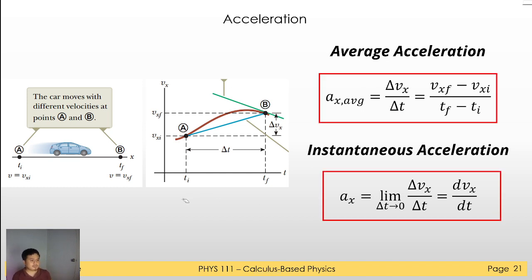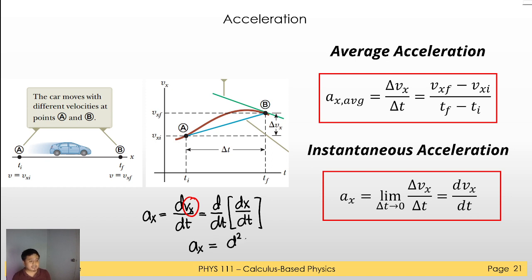Be mindful, to add to this, that if the instantaneous acceleration is the derivative of the instantaneous velocity at any given time, and the instantaneous velocity Vx is the derivative of the position with respect to time, then we could also say that the instantaneous acceleration is equal to the second derivative of the position function with respect to time. So be mindful also of this additional concept.